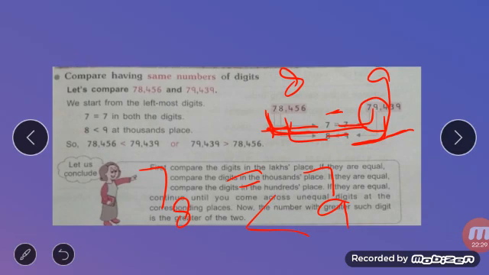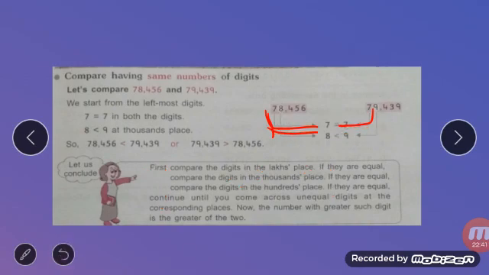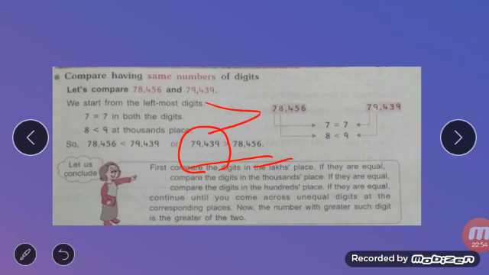It means 79,439 is greater than 78,456. So the crocodile will open the mouth towards that.